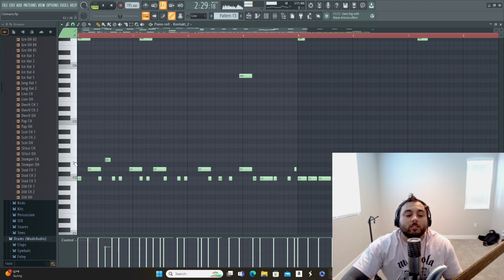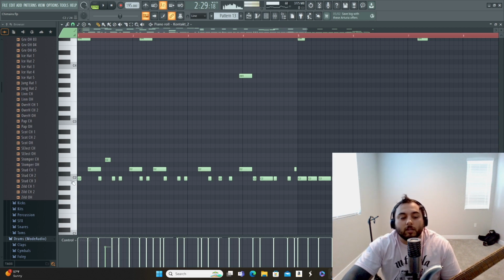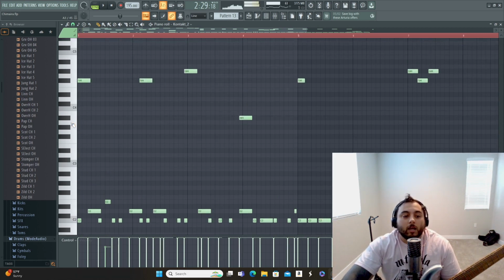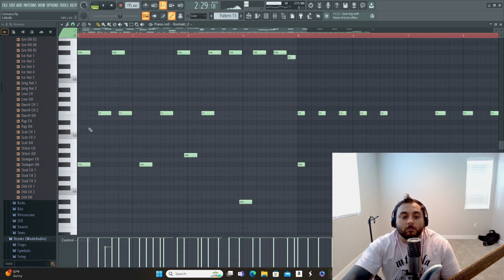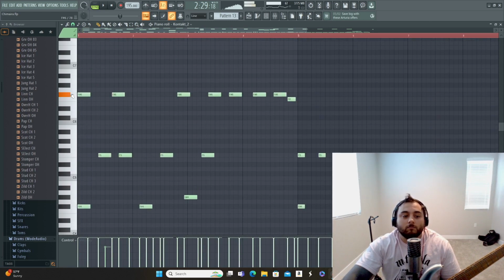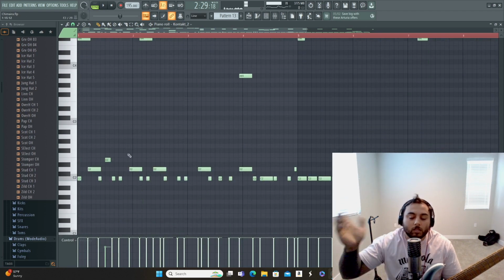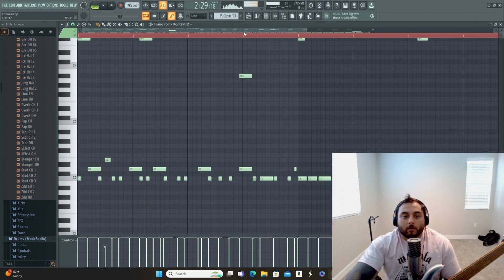I'll add these little accents right here. That's what E2 is right there. Snare, kick, hi-hats, crashes, Chinas, and then an accent hi-hat. But yeah, that's that one.